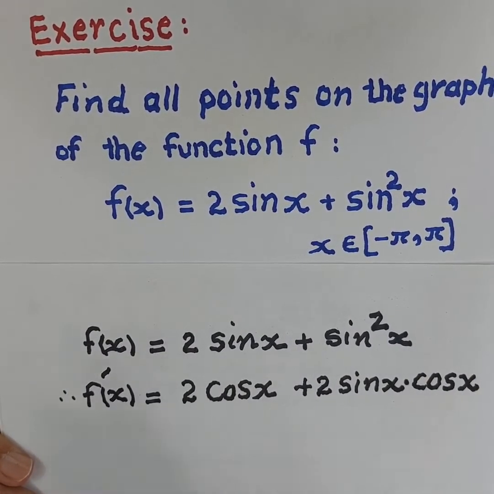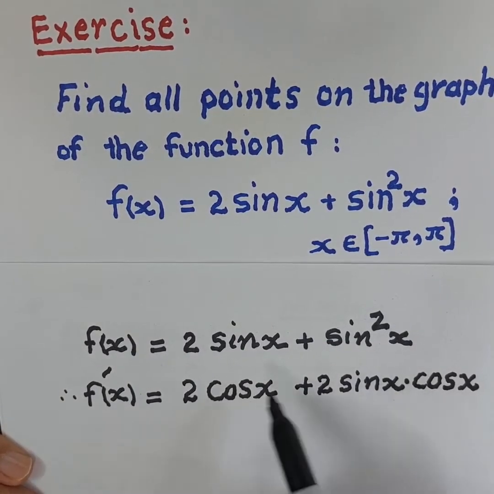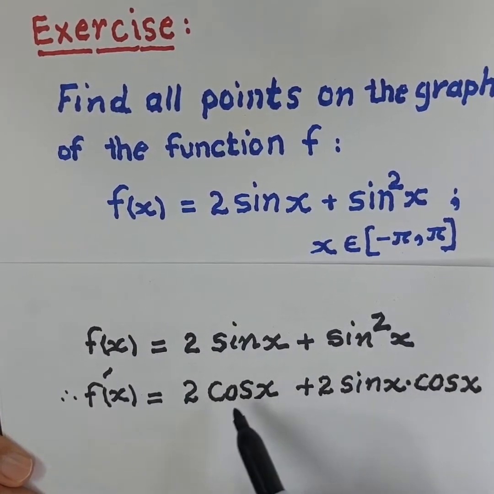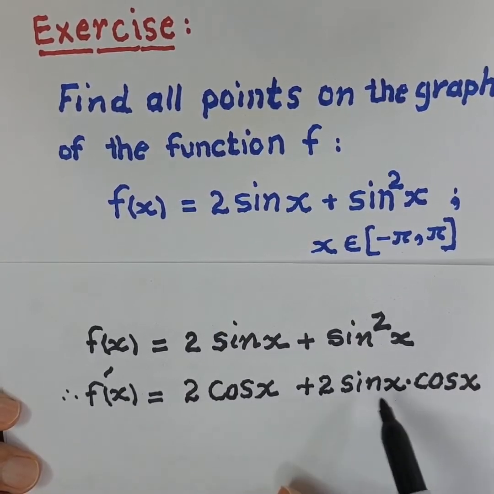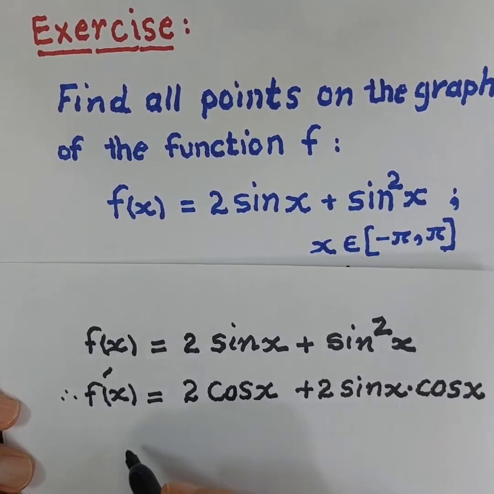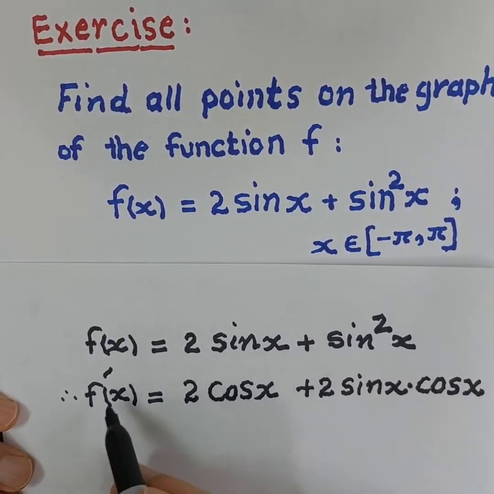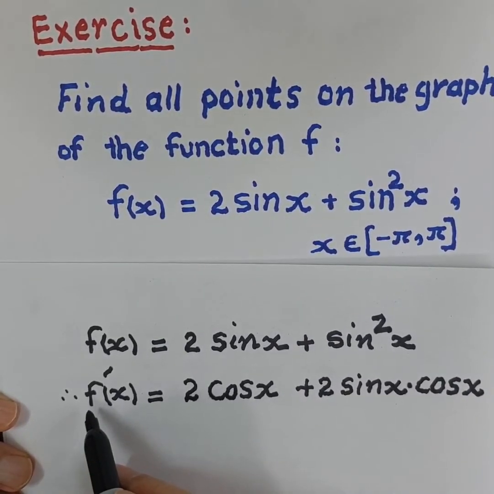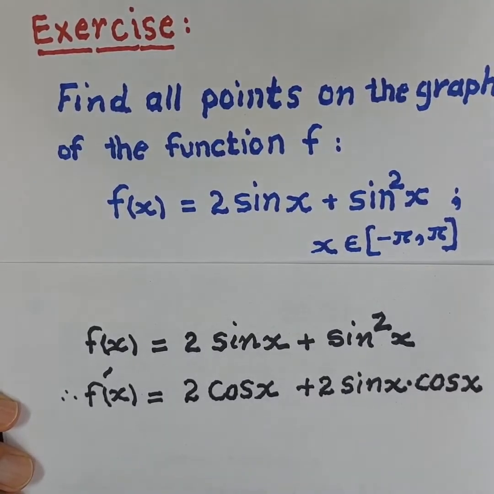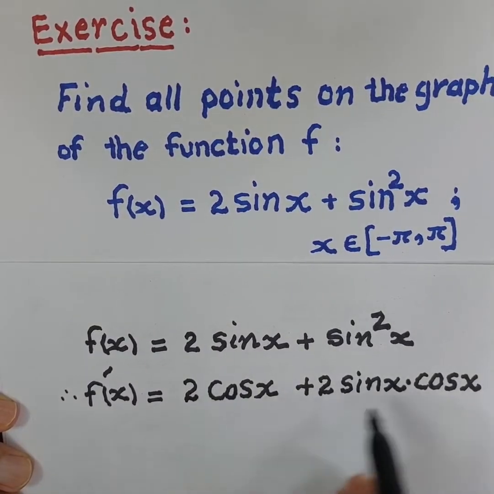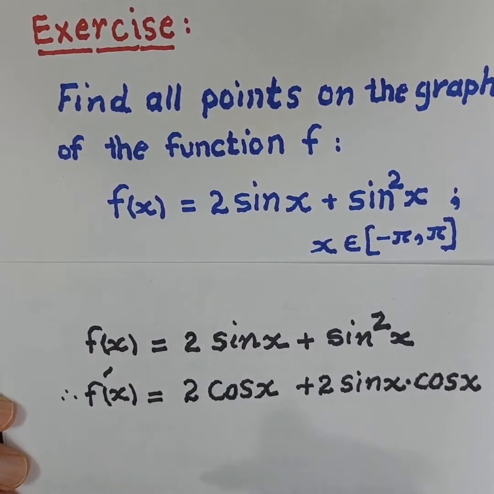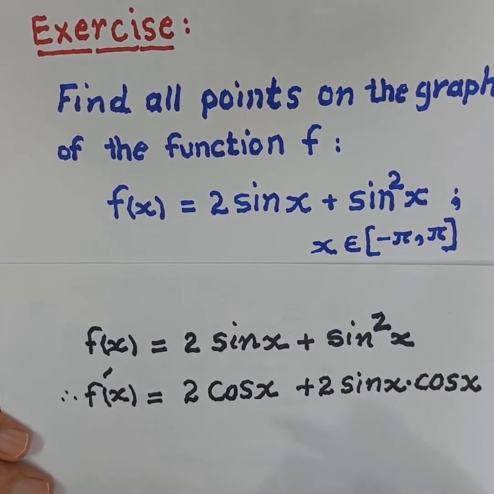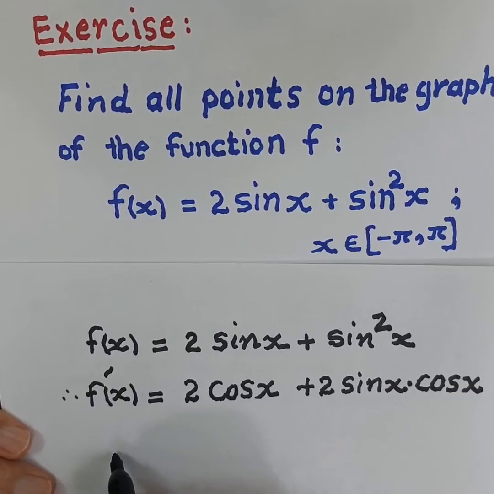You see here we have a common factor, which is cosine, and 2 also. We can take this as common, and of course, we put the function derivative equal to 0 as the tangent is horizontal, so we can divide by 2 to eliminate the constant 2. So we will do it like this.